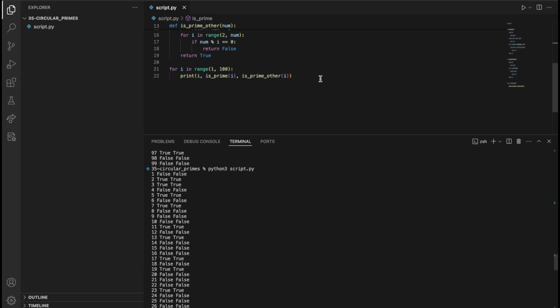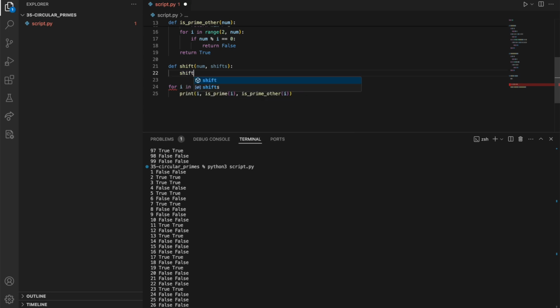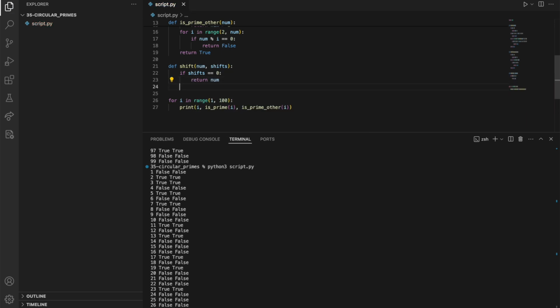Okay, so now we'll write a function to shift the numbers over. And then we will want to have a number that we can input to tell it how many times to shift. So if we're shifting 0 times, then we're just not changing the number, so we can just return the number.